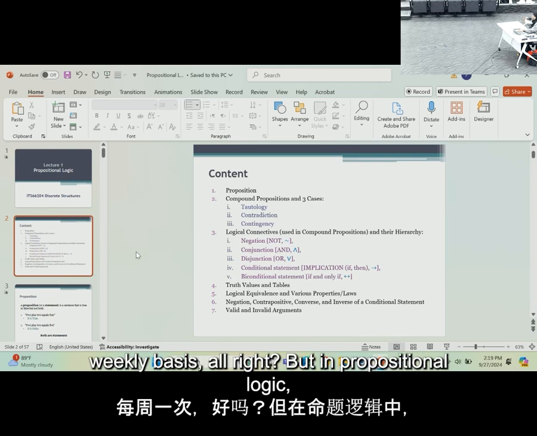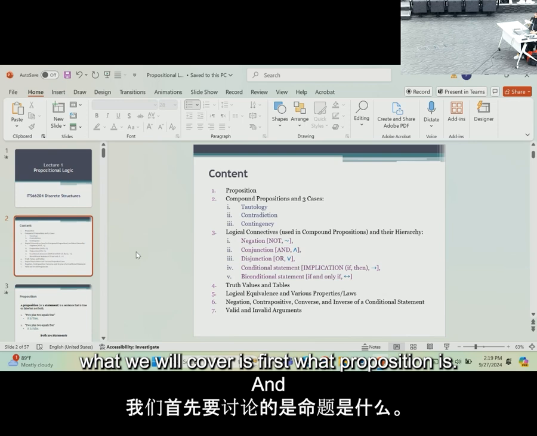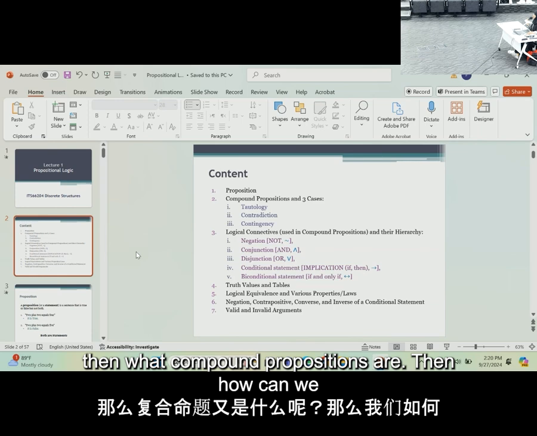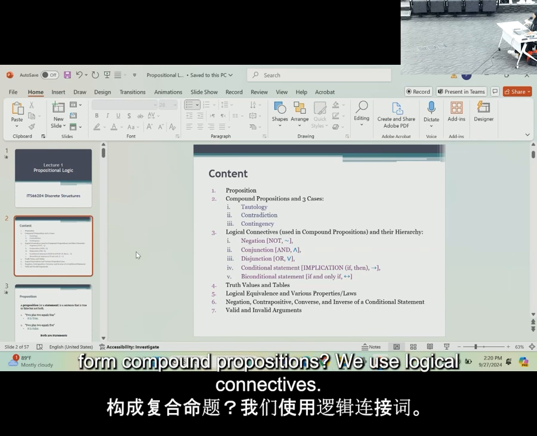In propositional logic, what we will cover is first what a proposition is, and then what compound propositions are, then how we can form compound propositions. We use logical connectives.